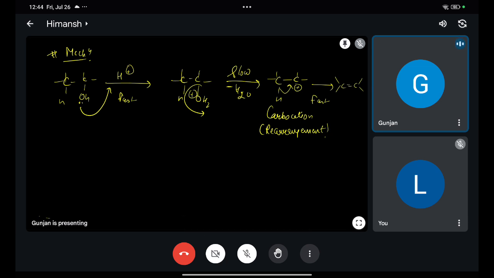Since carbocation is forming, we will look for any possibility of rearrangement if possible, right? Carbocation if it is forming, that means you have to go for a rearrangement if possible. So alcohol, second one, third one, final product.